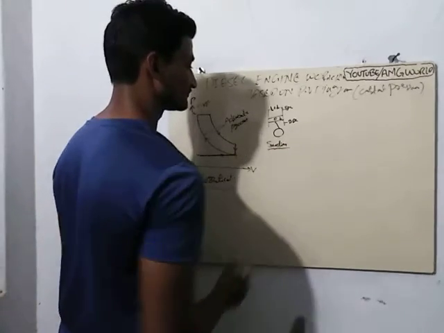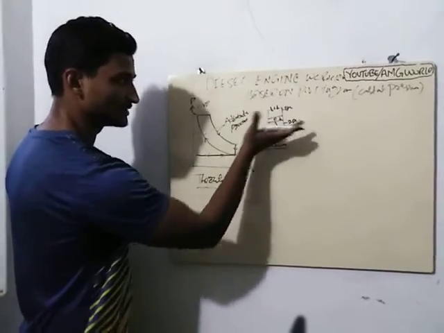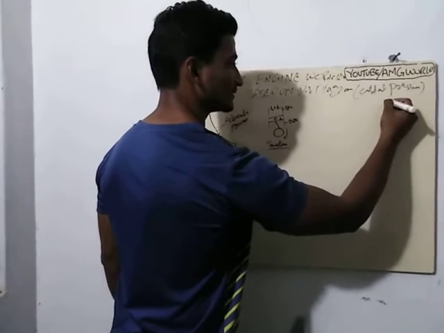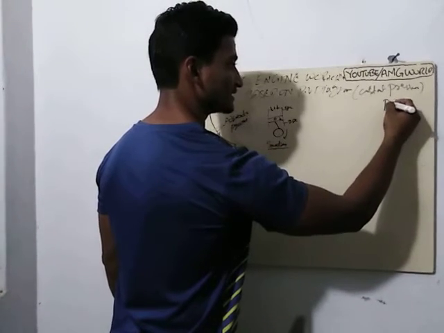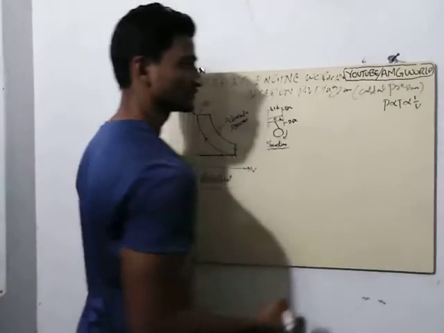So, suction stroke, right? What happens during rotation? The piston travels from TDC to BDC. We have a law: P is directly proportional to T and inversely proportional to V, right?